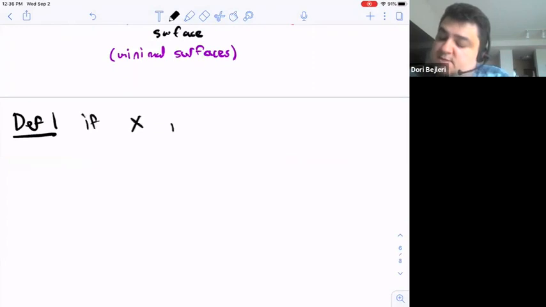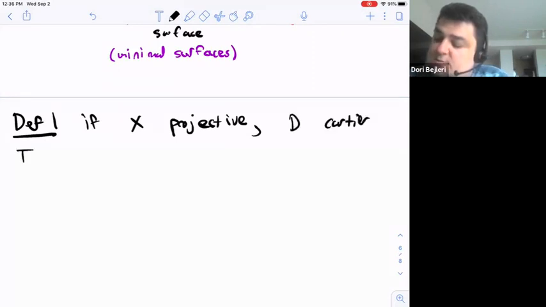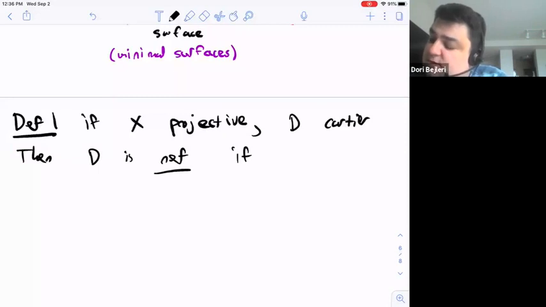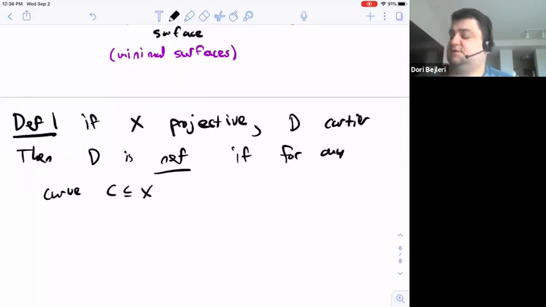So if X is projective and D is a Cartier divisor, then we call D Nef if for any effective curve C in X, the intersection product D dot C is greater than or equal to 0.